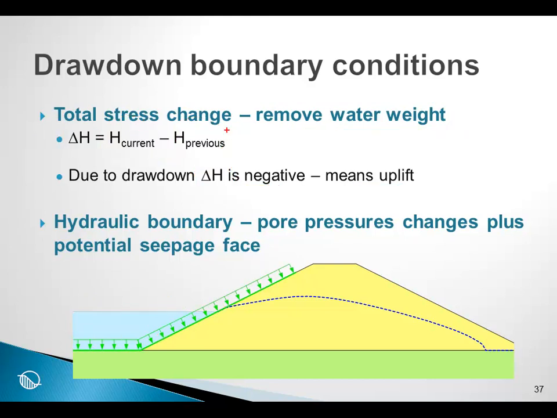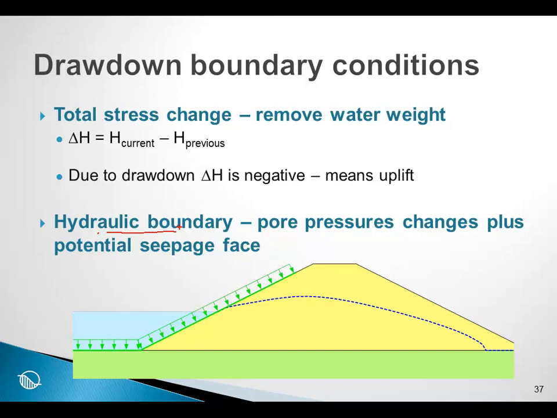We also need a special hydraulic boundary condition. Recall that we are doing a coupled analysis, so we have to say something about the SIGMA boundary conditions, or the stress-strain boundary conditions, but we also have to define the hydraulic boundary condition, and we have to define the pore pressure changes, which we will do through a function as the reservoir is being drawn down.